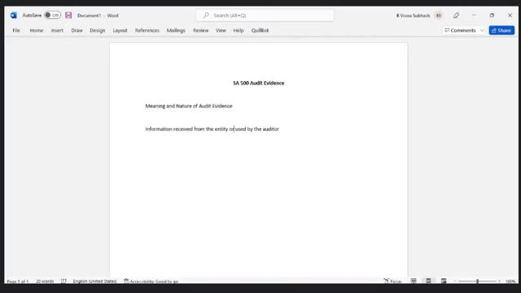Either the information that is received from the entity or used by the auditor.